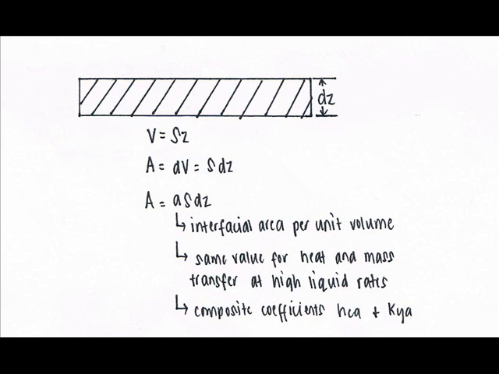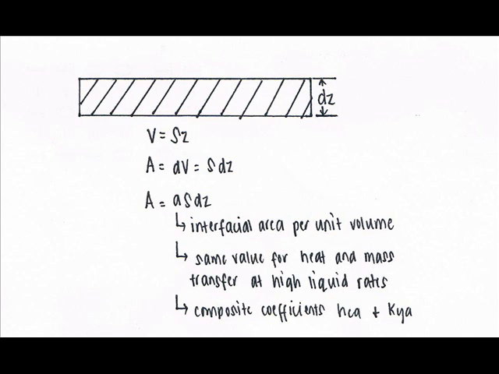Differentiating, dV is equal to S dZ, which is also equal to the surface area of the cooling tower. For a cooling tower with liquid flowing in it, the surface area of transfer is equal to aS dZ, where a is the interfacial area per unit volume. a has the same value for heat and mass transfer for liquid with high rates.